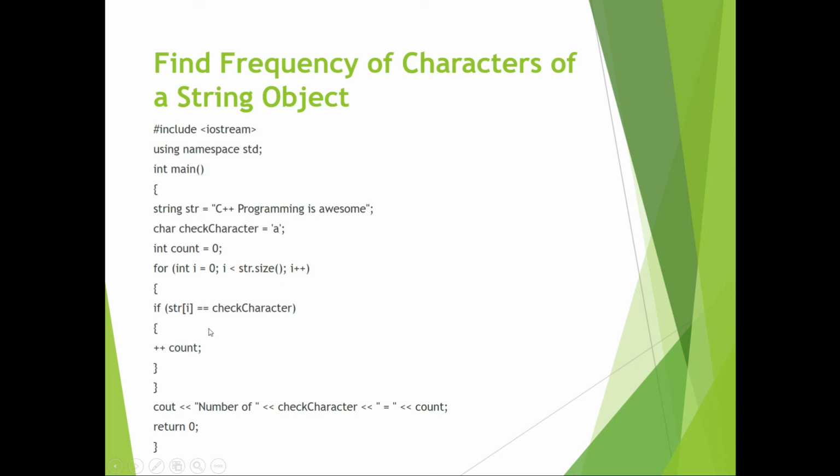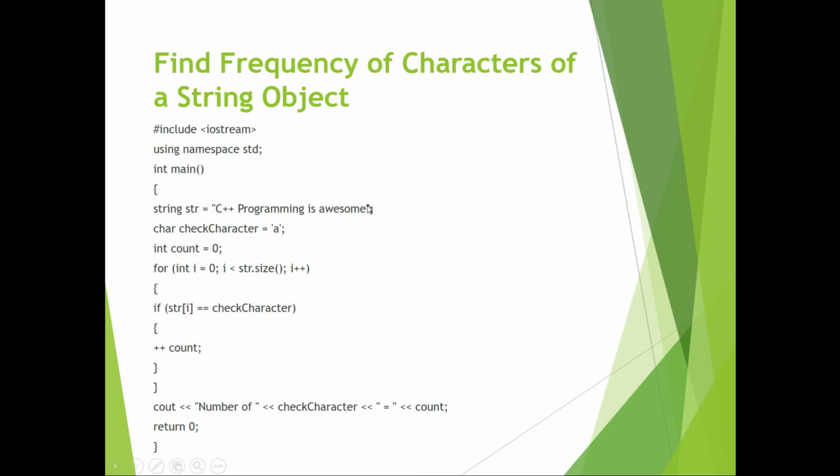Till then it finds out whether str of 0, that is C, is equal to A. No, it is not equal, so it comes out of the loop and increments I. Now I becomes 1. So what is str of 1? Plus. Now it checks whether plus is equal to A or not. No, plus is not equal to A, so it comes out of this if statement and goes to I plus plus.